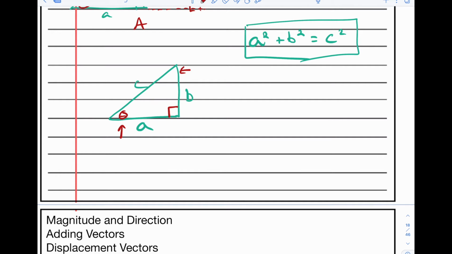So if we were to say, okay, we're going to call this angle 1, then angle 2, and this would be angle 3. So angle 1 plus angle 2 plus angle 3 should equal, you should know, 180 degrees. Okay, and that's the same thing as, how would I explain it?